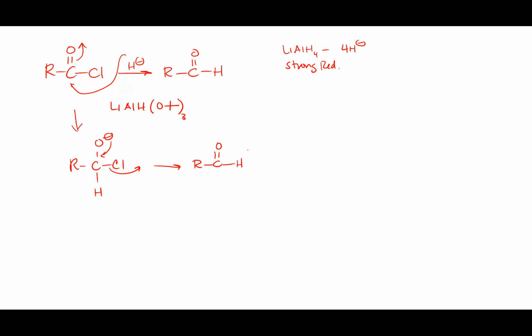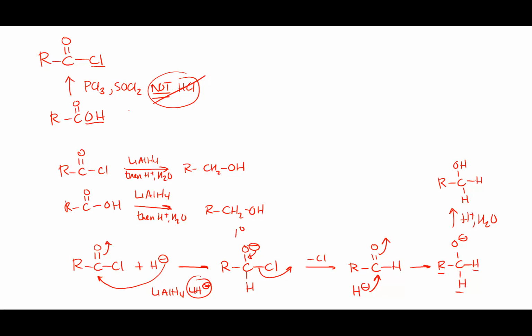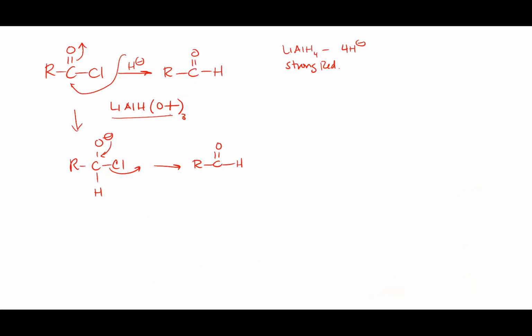There's no more H minuses to add. And even if there was, this reagent is weak, so it cannot throw a second H minus at the aldehyde. It stops. So this is a much more milder reducing reagent. And so it stops at the aldehyde.